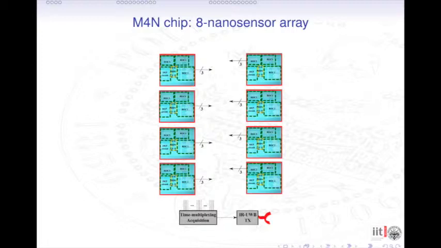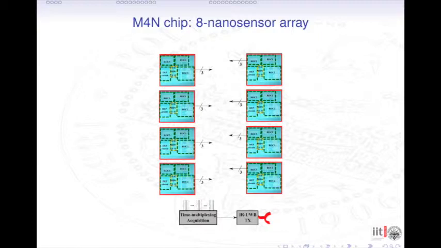In that case, we have 3 output signals per element in the array, and if we want to transmit all this data of nanosensors at the same time to an external microcontroller, we need 24 signal I/O, so 24 paths that are reserved only for output signal.